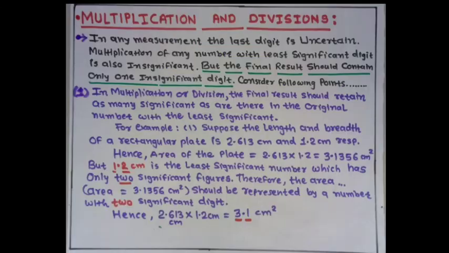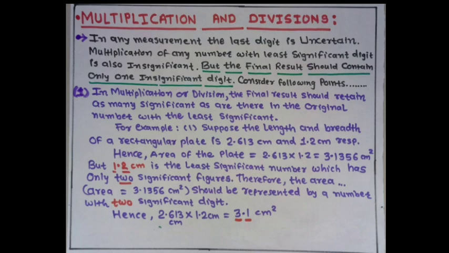Now let us take multiplication and division. In any measurement, the last digit is uncertain. Multiplication of any number with an uncertain digit is also uncertain, but the final result should contain only one uncertain digit. Therefore, the following points should be observed while carrying out multiplication or division.